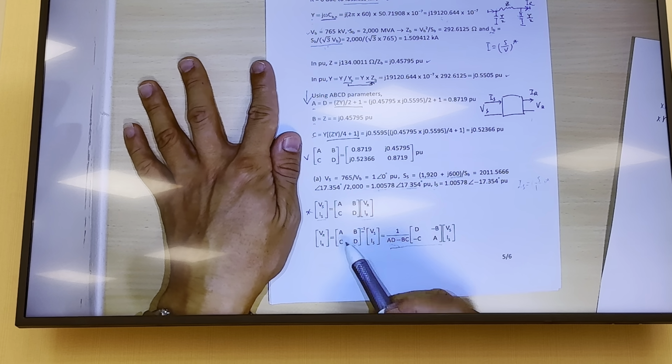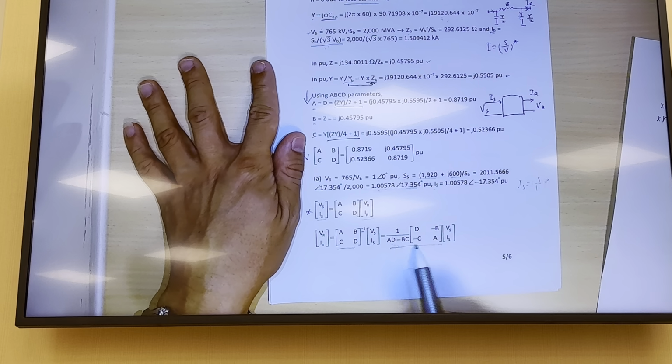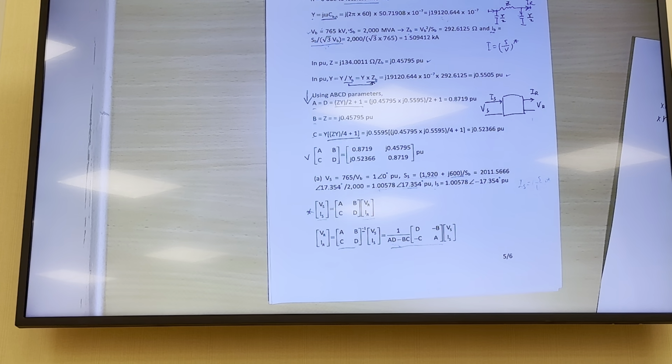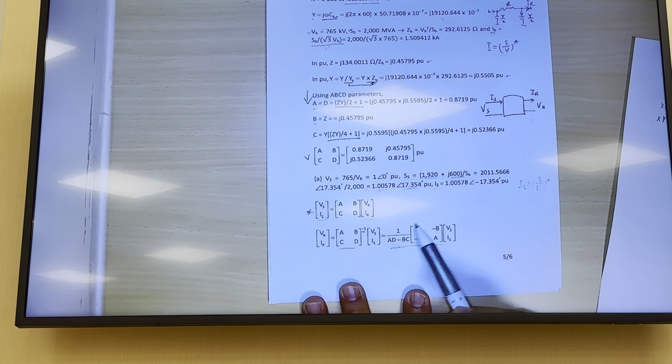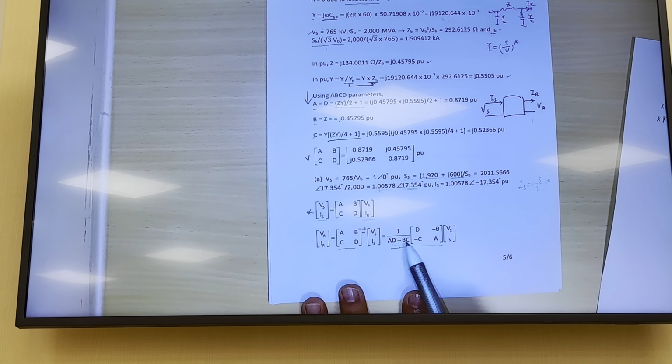Now what is the inverse of this one? It's also a basic formula for the matrix operation. This is the inverse of ABCD. I'm not sure whether you are able to memorize, but if not, I think we can also provide you with this formula to calculate the ABCD inverse.